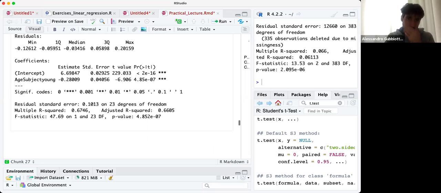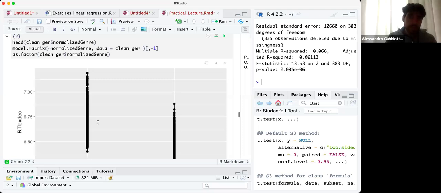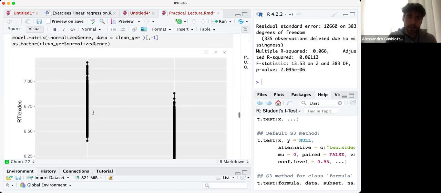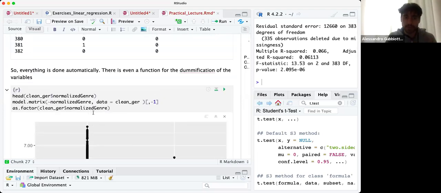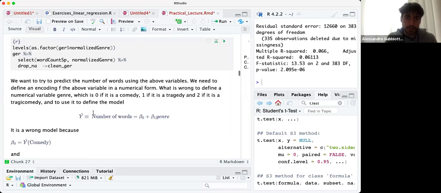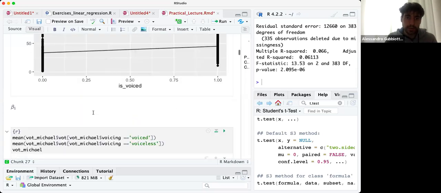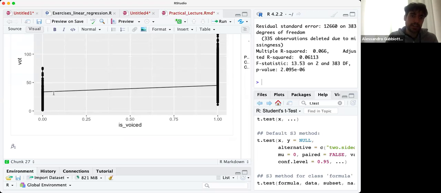Now, if it gives us a positive result, the linear regression in terms of testing tells us, for instance, here, that this slope is significantly different from zero.